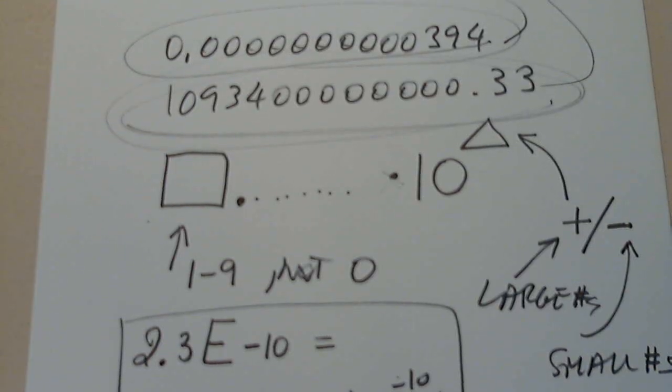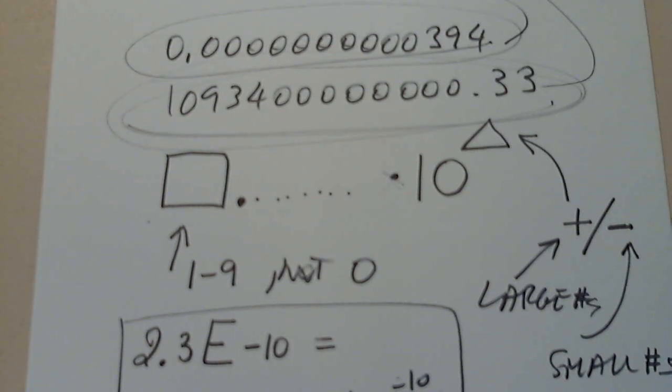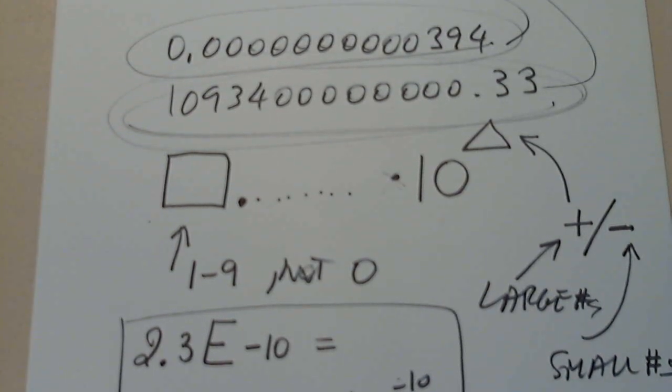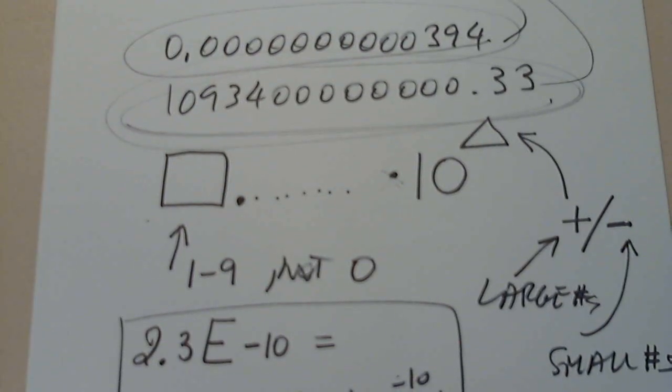What about 1.99E3? This means 1.99 times 10 to the third power. Is this a very small number? This is not small. In other words, what will the number be? 10 to the third power moves the decimal point 3 units to the right. So this is 1990. What will this be? This 10 to the -10 moves the decimal point to the left 10 units.